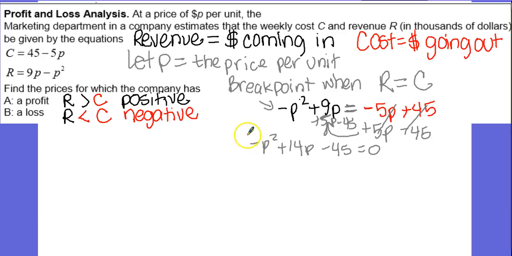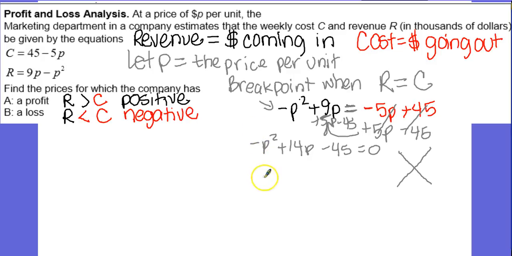And I didn't move my a term and change it to a positive. I didn't change my a term because I don't want to flip my parabola. Okay, so we're going to have to factor that. And I'm going to use the AC method because my a is not 1, it's negative 1. So I have to be careful.